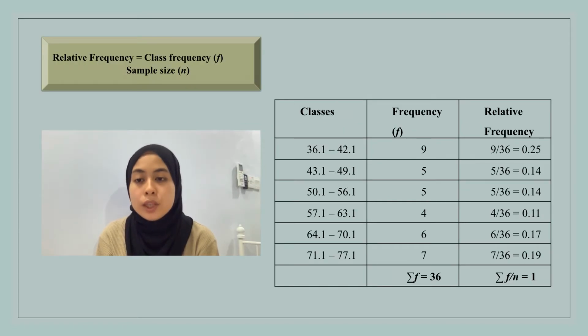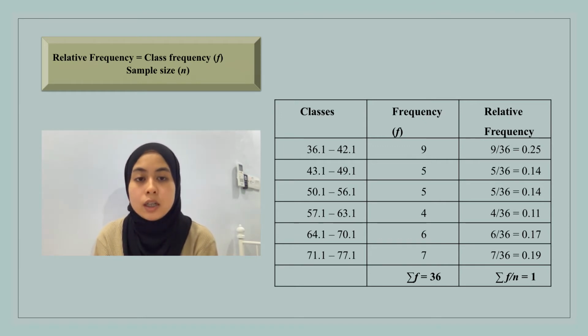Next, relative frequency distribution. This formula is class frequency or F divided by sample size or N. So the table shows the relative frequency for this labor age.